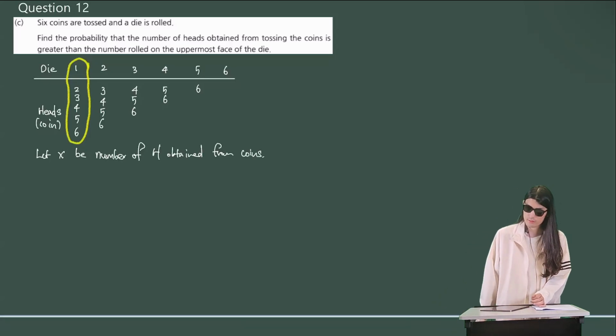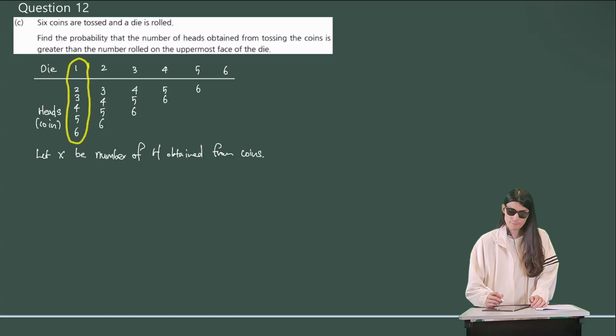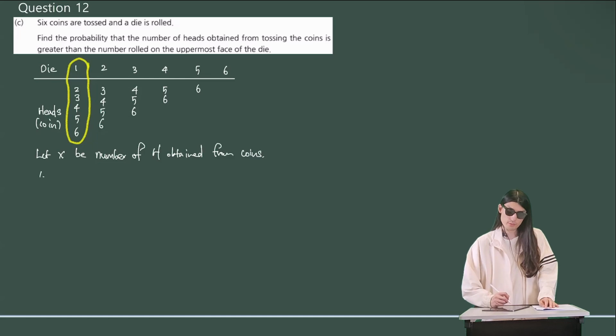So the first case where the number rolled on the die is 1, right? Chance of that occurring, first of all, is 1 on 6, isn't it? Chance of the die landing on 1, that is 1 on 6.